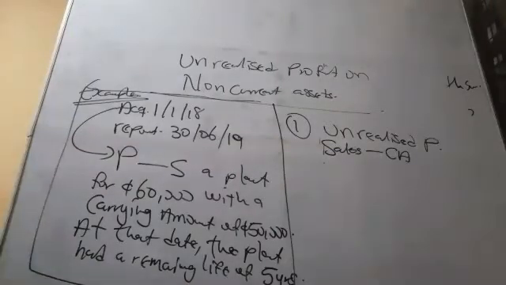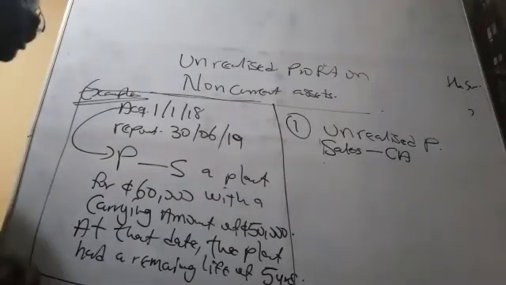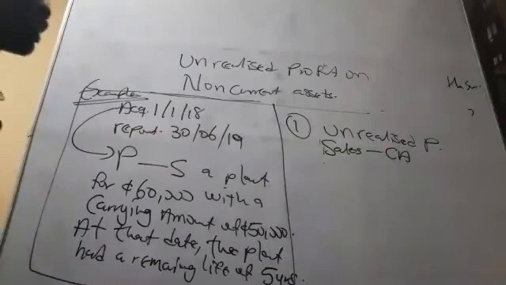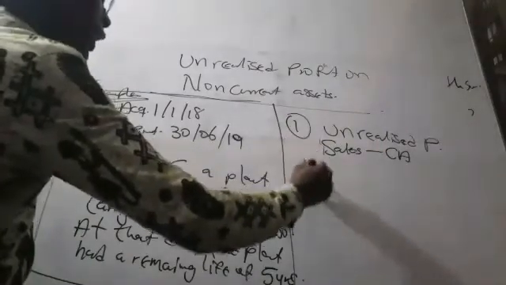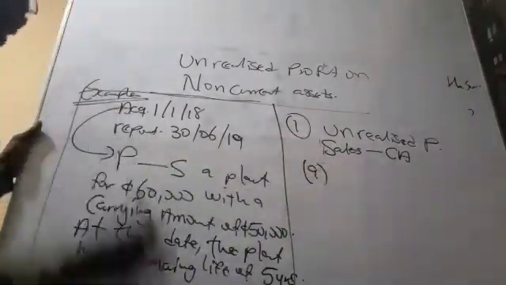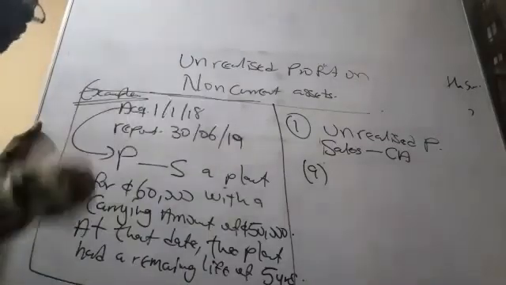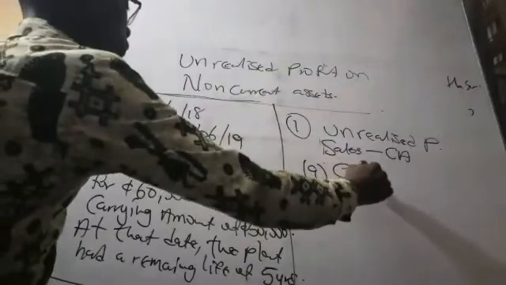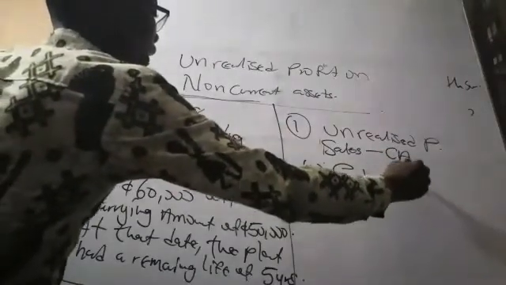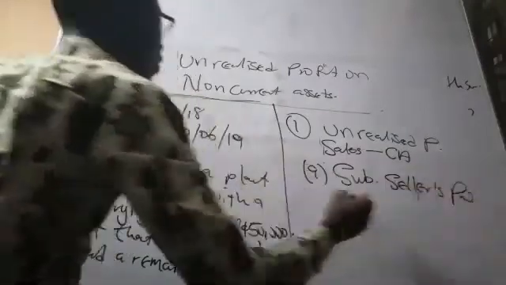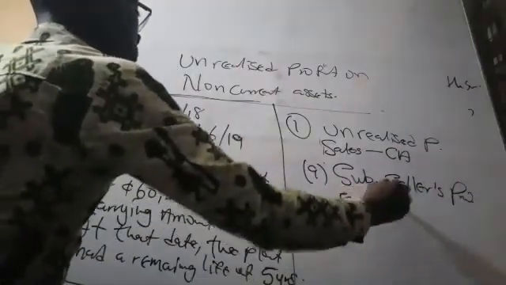So here, what is the accounting treatment? Number one, after calculating the profit made by the seller, subtract this unrealized profit from the seller's profit. For example, if it is a parent, group retained earnings.